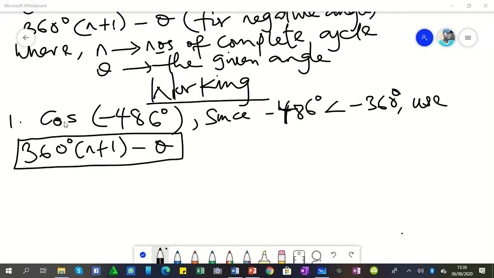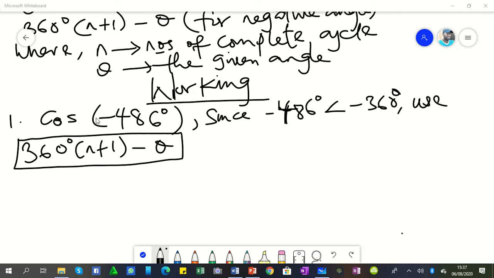To answer the first question, since this angle minus 486 is less than minus 360 degrees, then we need to make use of this formula. And we have been told earlier, just above here, that this n is the number of complete circles. So how can we figure out n for this first example?